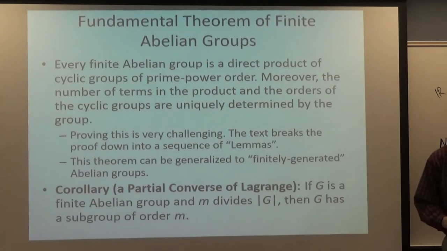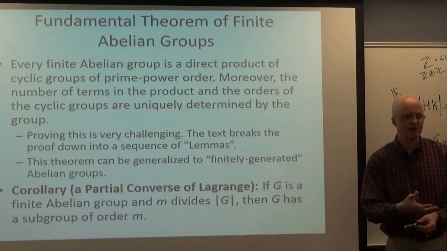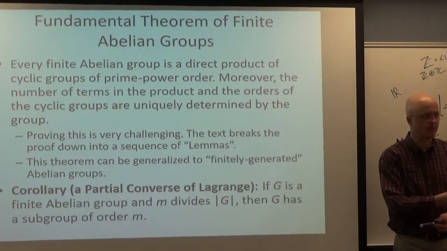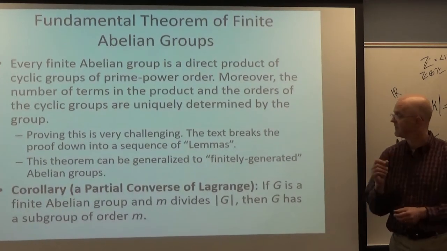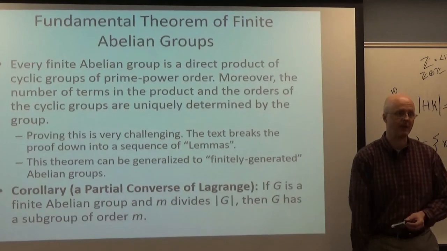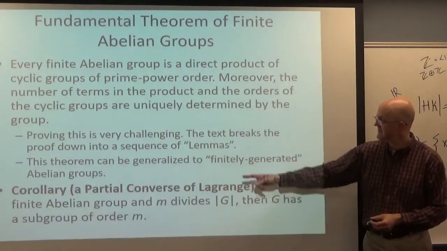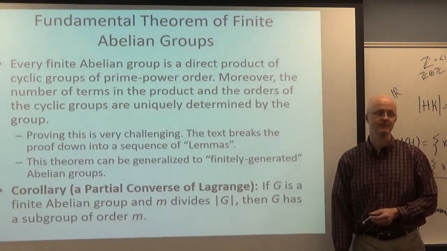Right, Lagrange's theorem says that any subgroup of a given finite group has order that divides the order of that group. It does not say that given a number, m, that divides the order of the group, that there must be a subgroup of that order. But in the case of abelian groups that are finite, that is true.